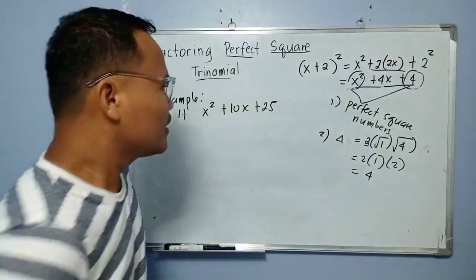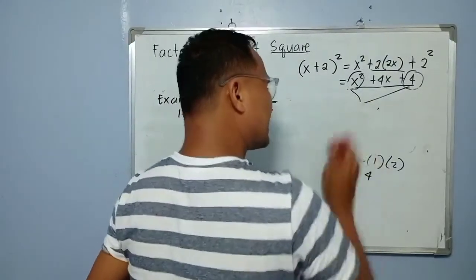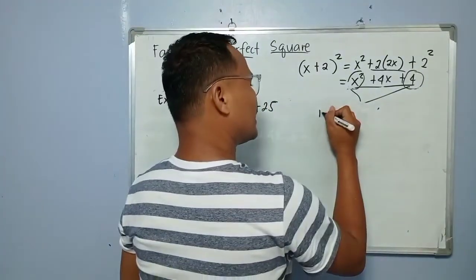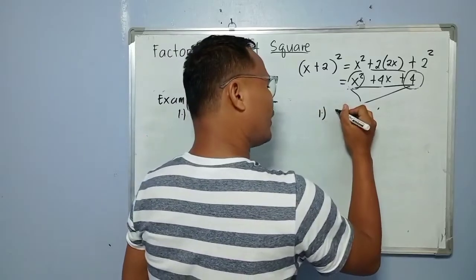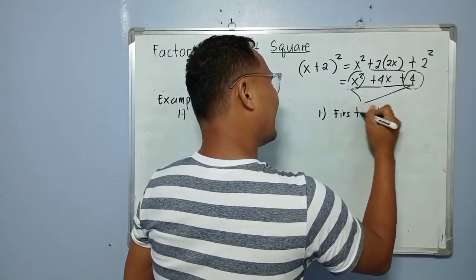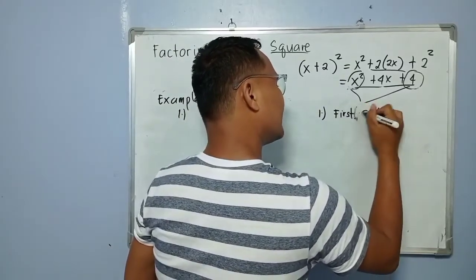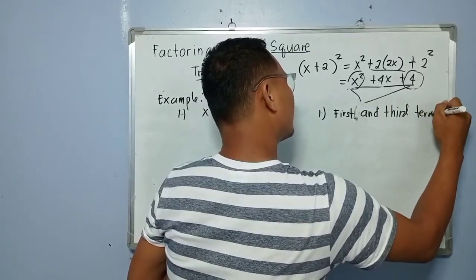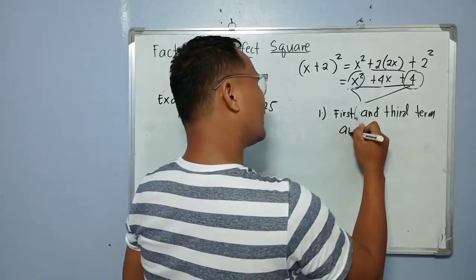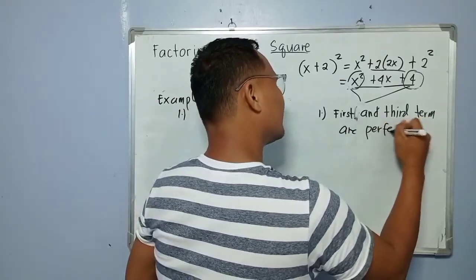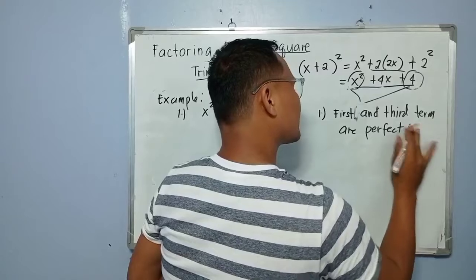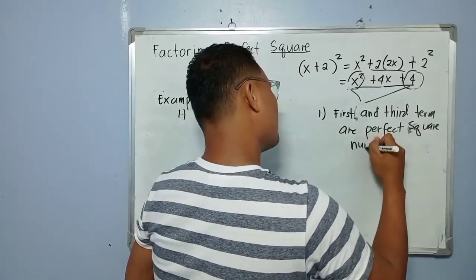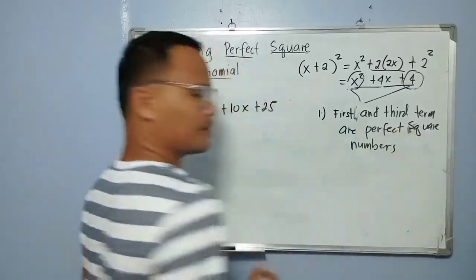Okay, let us conclude. We can determine a perfect square trinomial if the first and third term, or last term, are perfect square numbers.